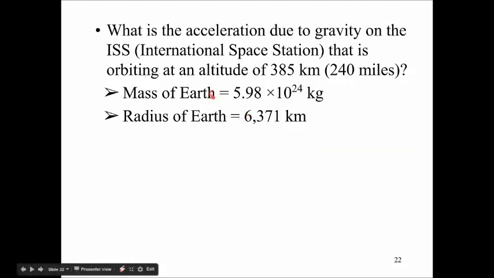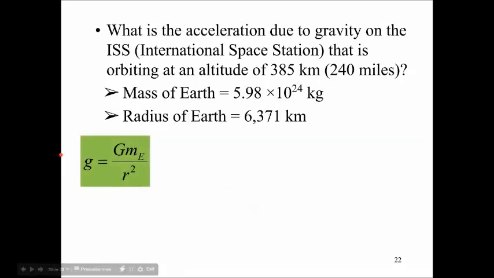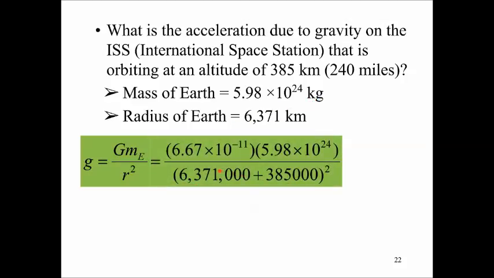So given the mass of the Earth and the radius of the Earth, we are going to plug this into our little g calculation. So we put the universal gravitation constant in there, the mass of the Earth in kilograms, and oh, watch out, the distance is now a little bit more complicated because this is the radius of the Earth, and it's in kilometers.